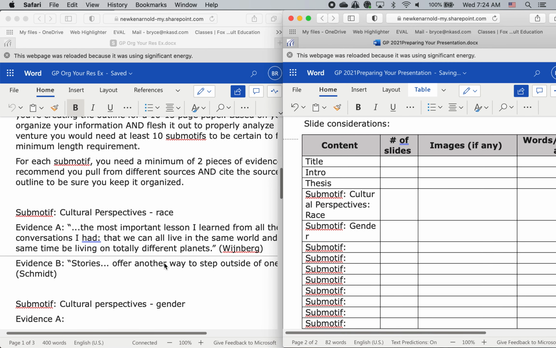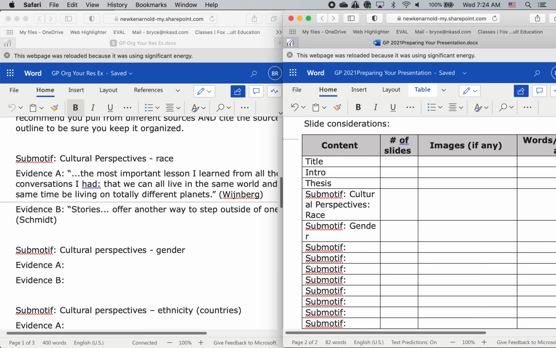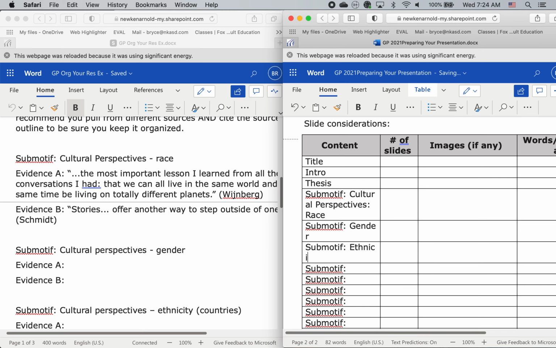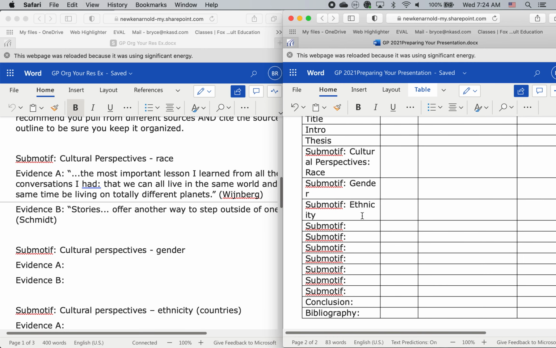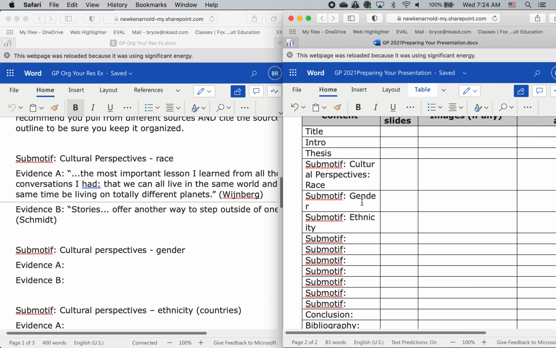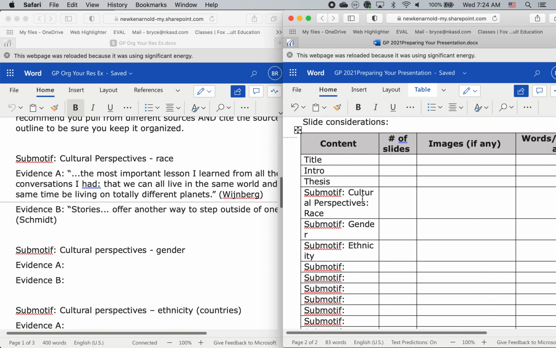I'm just going to go through and fill that in. Okay, so that's what you're going to do first, is you're going to fill in all of those submotifs just so you know which particular part of your outline you're using.